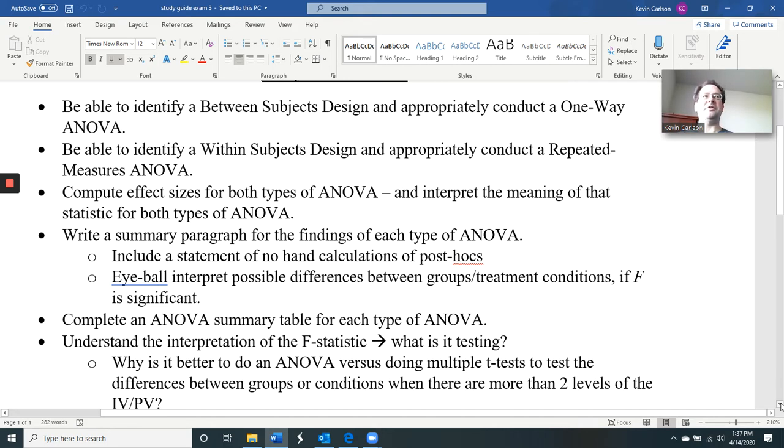We're in ANOVA territory, so it's got to be 3 or more levels: red, green, and blue. In a between subjects design, 1/3 of your participants get red, 1/3 get blue, 1/3 get green. They rate the attraction of the one color that they see, so they're only measured once on a dependent variable.